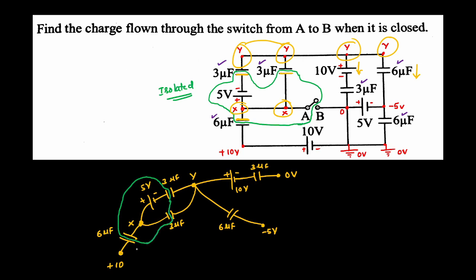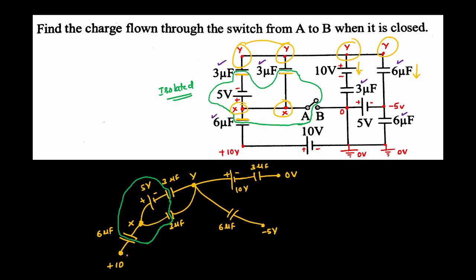That is not in connection with any other part. So no charge can enter that green region and leave it. So charge should be conserved there. Before connecting the capacitors to the batteries they are chargeless, so after connecting to the batteries, even though charges will appear there, the total has to be conserved: initial charge is zero, final charge will also be zero.